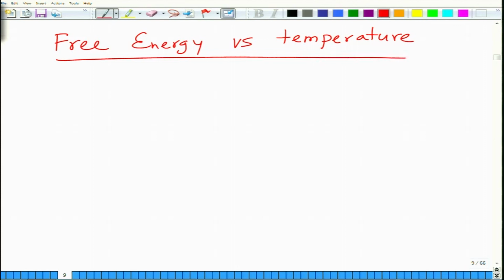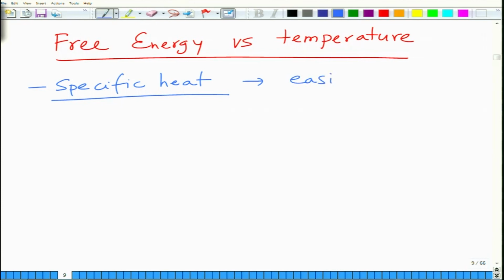Now, in this regard, first we would like to define the specific heat. Okay. Specific heat is something which is easily measured. It is a measurable quantity, and it is known for most substance.